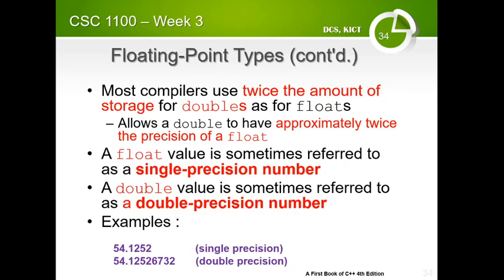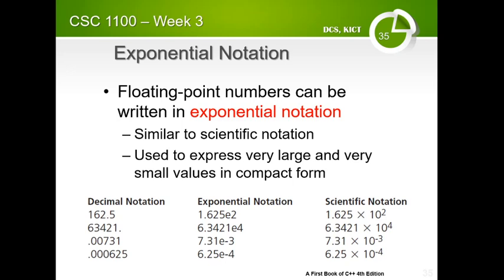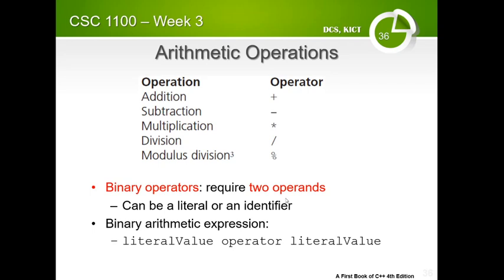There are a couple of notations when we are considering floating points: the decimal notation, and exponential notation that supports e to the power 2, or scientific notation. Arithmetic operations can be plus, minus, multiplication, or division in this sense, right?